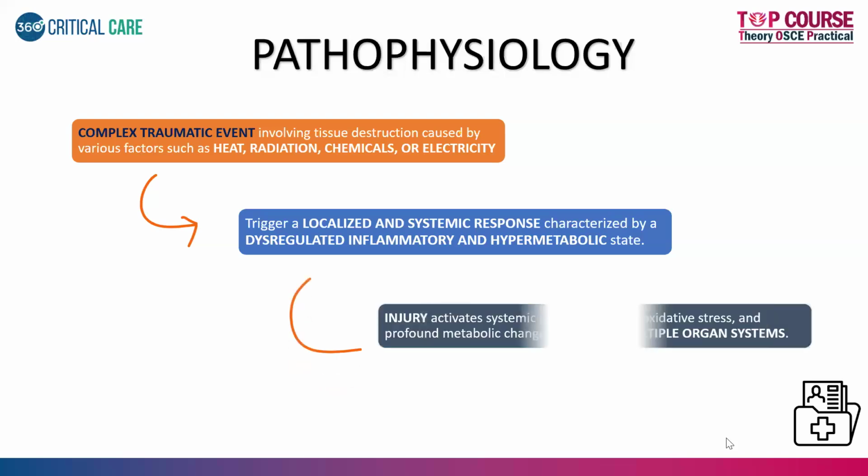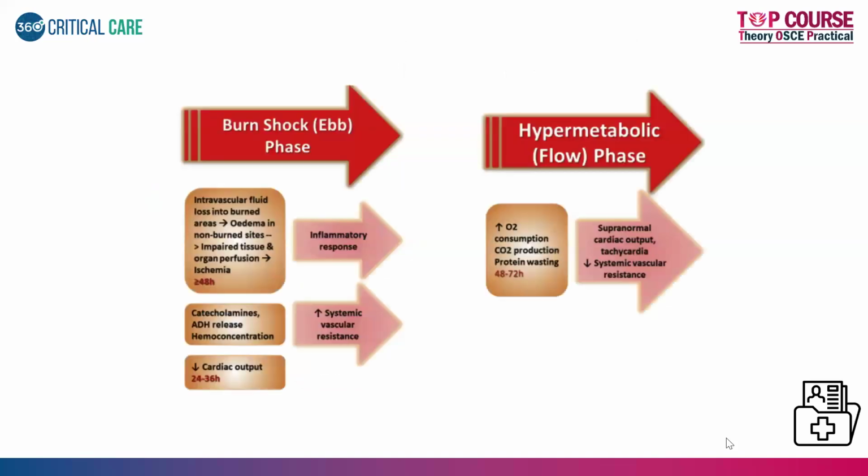Then they will have a lot of subsequent sequelae which happen because of SIRS, or dysregulated inflammatory response, which causes injury. Usually, one particular organ will get involved, and if the SIRS response is very overwhelming, it can lead to multi-organ dysfunction. This is usually how the pathophysiology of burns follows.